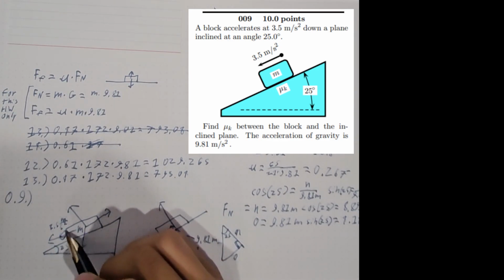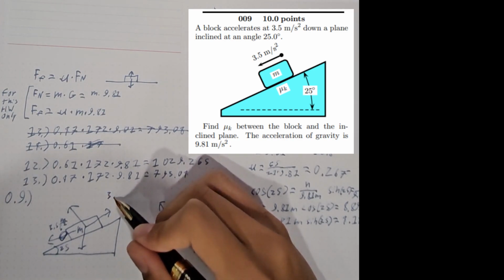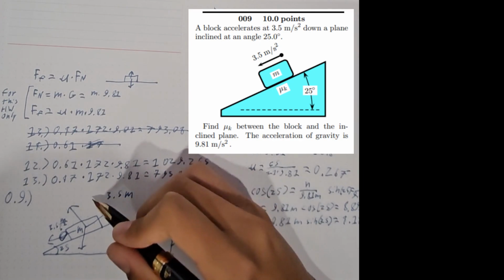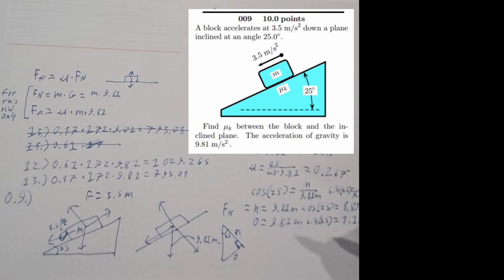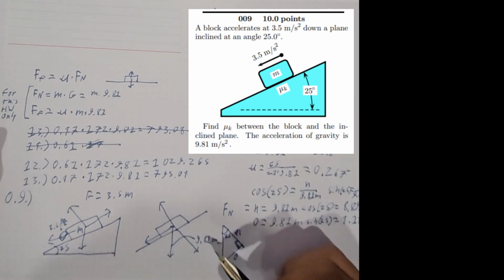So this force, which is the one that the whole thing results in, is 3.5 m. So I'll say this is the resulting force. So we know the normal force, we know the resulting force, and we're trying to find mu here.